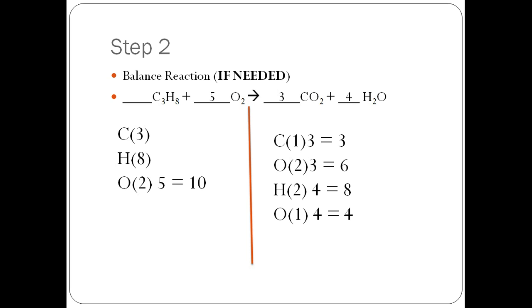Now you're going to add the 6 oxygen atoms plus the 4 oxygen atoms here, and we end up with 10. So therefore we need to balance the oxygen atoms on the left side, and we have 2 of them so far, so you're going to multiply that by 5, gives you 10.